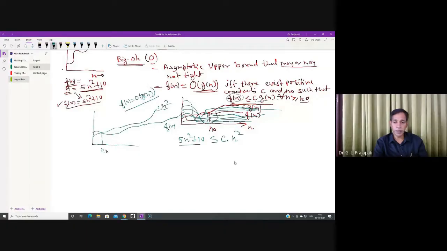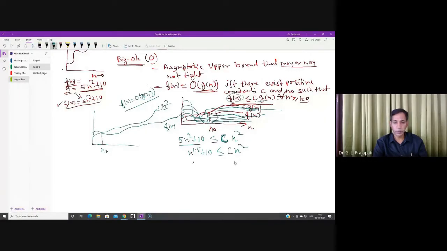And if you have determined some constant c for which you come to know that 5n square plus 10 is less than or equal to c into n square, then you can also say that if you have some polynomial like n to the 1.5 plus 10, where the degree is 1.5 and here the degree is 2, then since this is 1.5 and this is n square, this will also be less than or equal to the same c n square.